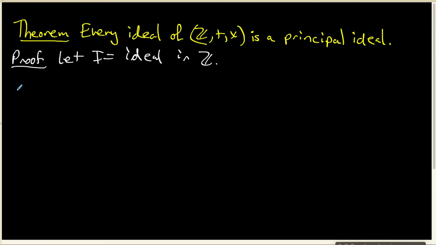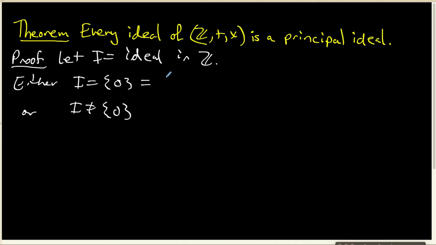Now, one thing I know about all ideals is that either I is equal to the 0 ideal, or I is not equal to the 0 ideal. If I is equal to the 0 ideal, then I is actually just the principal ideal generated by 0, and in this particular case, I is a principal ideal.